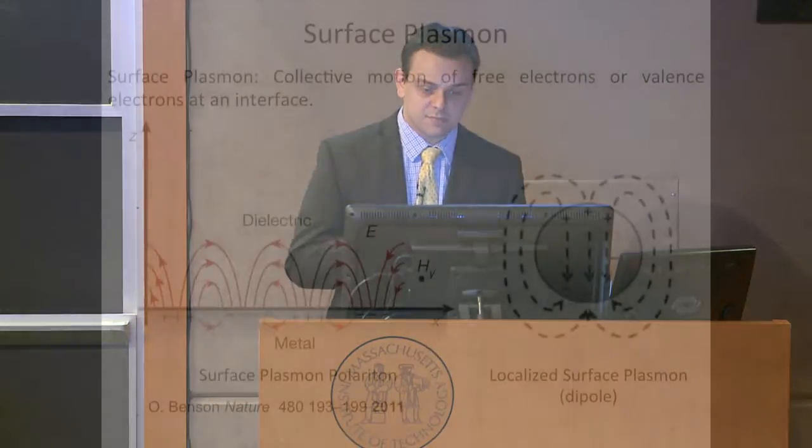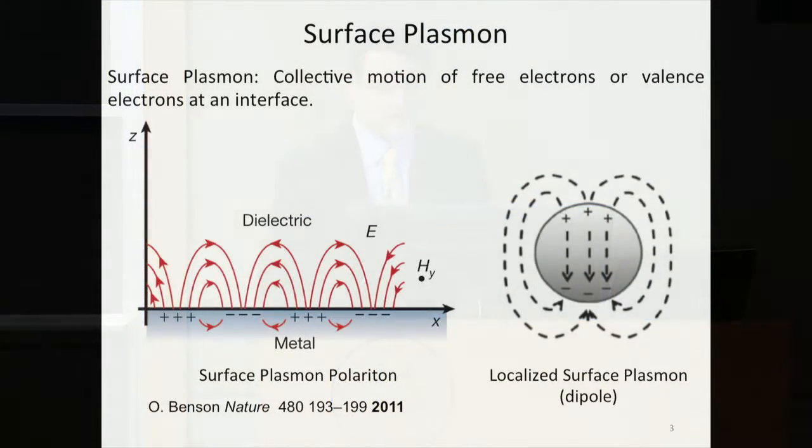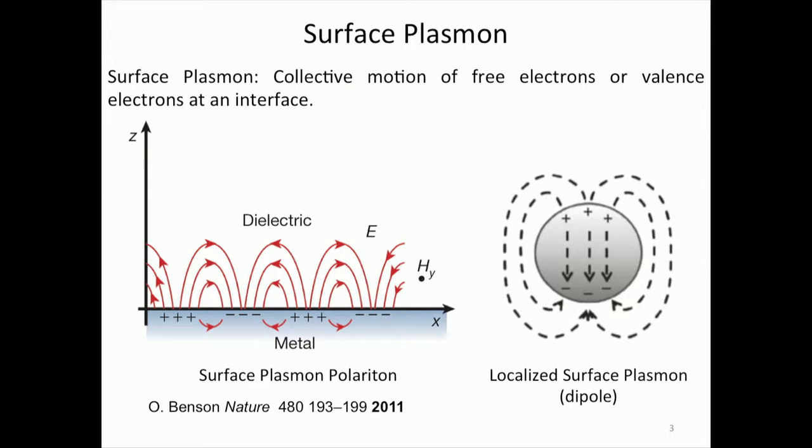Basically, surface plasmon, it's a collective motion of free electrons or valence electrons at an interface. So here you can see on the left, we have surface plasmon polariton, which is a propagating wave, let's say from the left to right here, a polarization wave going in the interface.